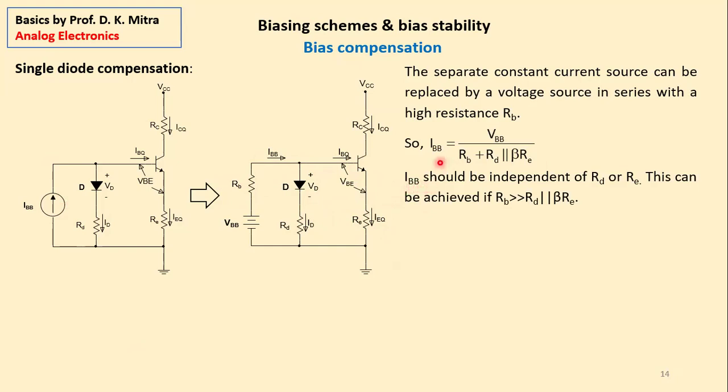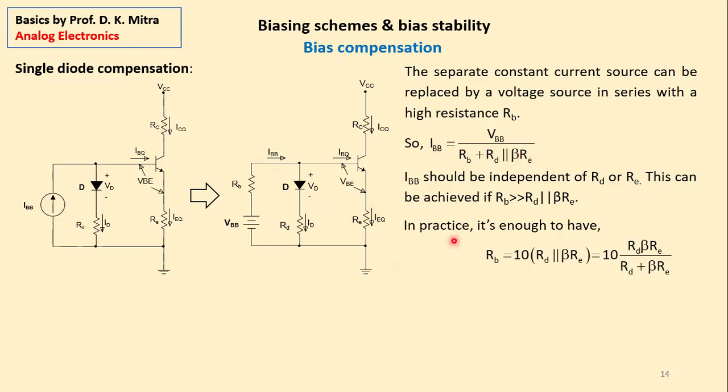Now we find IBB should be independent of RD or RE. This current IB should be independent of this resistance or this resistance, right? For making that independence, this can be achieved if RB is much, much more than these two. In practice, it is enough to make RB 10 times this parallel factor. So RB is equal to 10, and when you make a parallel of these two, it becomes RD beta RE by RD plus beta RE.